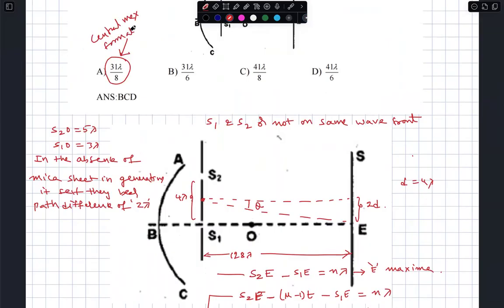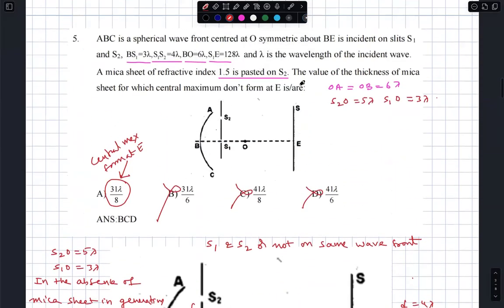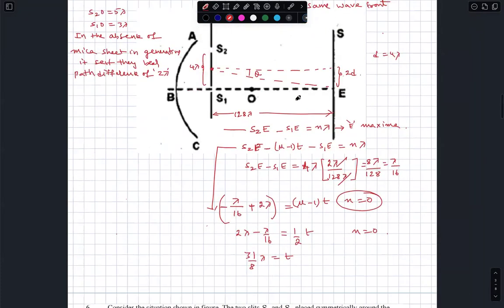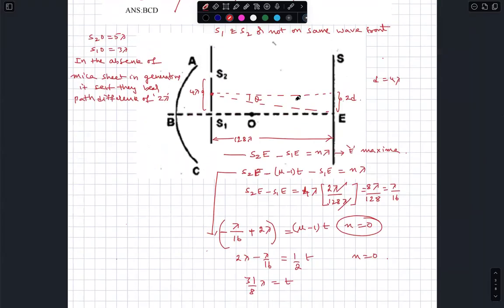form at E, which means this is not possible, this is not possible, this is not possible. They want the not possible cases. That's it. BCD. Right. Any doubts on this? Please tell me. I have clearly given a detailed analysis of this question.